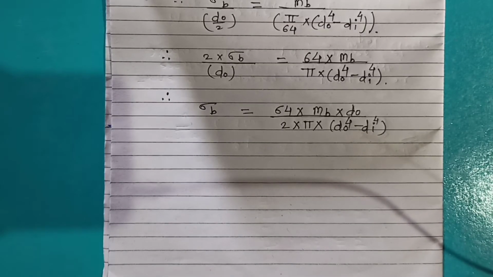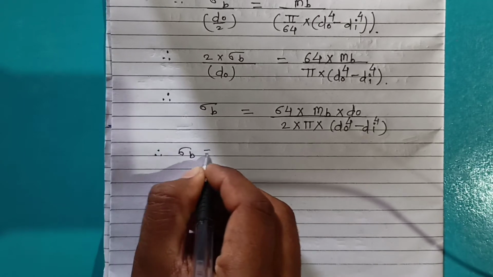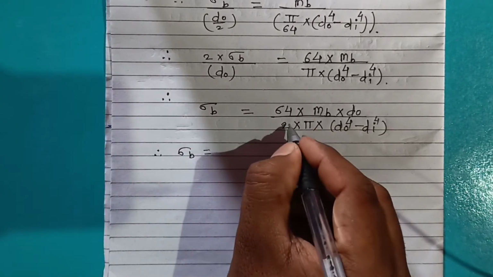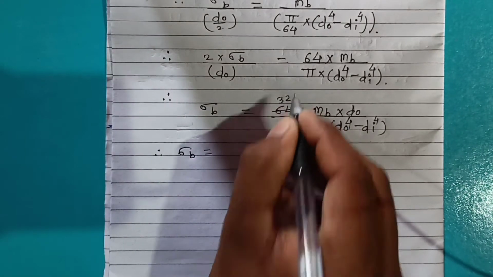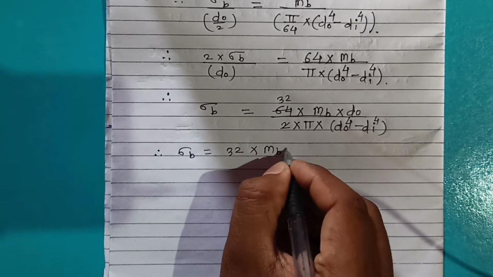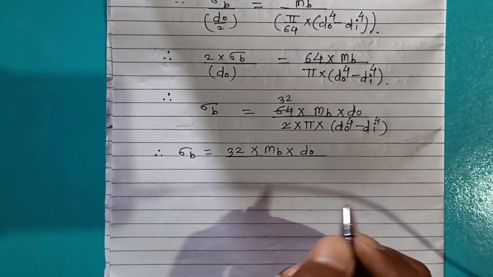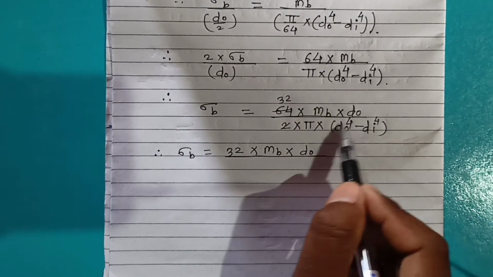And the next step is most important in this equation. Now see here, sigma b is equal to 32 into Mb into do divided by, I will rearrange the terms in this bracket.